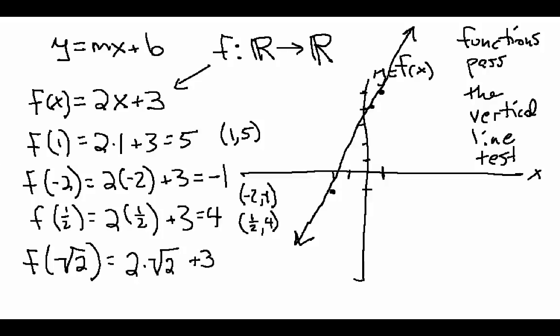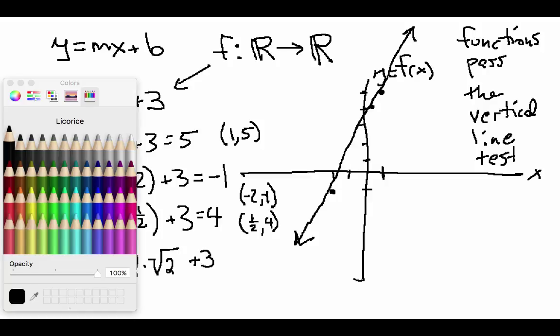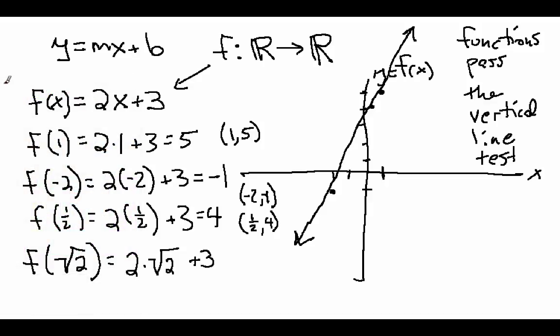And what the vertical line test means is the following: if I go anywhere along the x-axis and I draw a vertical line, anywhere, it hits the graph of the function, the picture of the function, which is this straight line. It only hits it in one place. And we can see it hit it once there, and it hit it once there. Let's consider another example here.